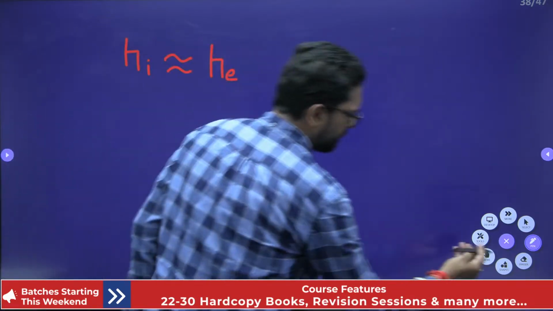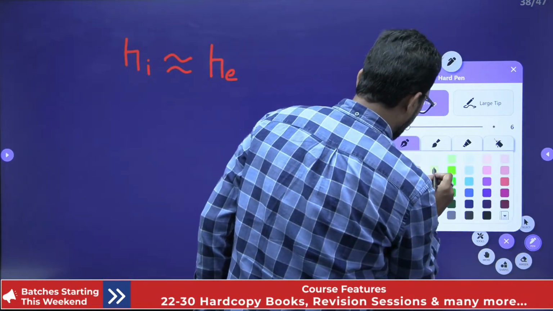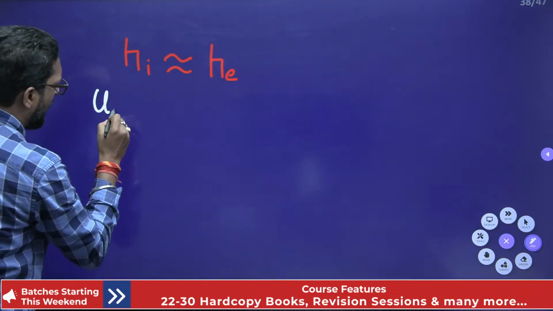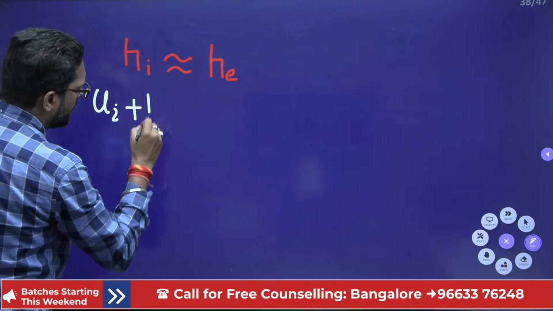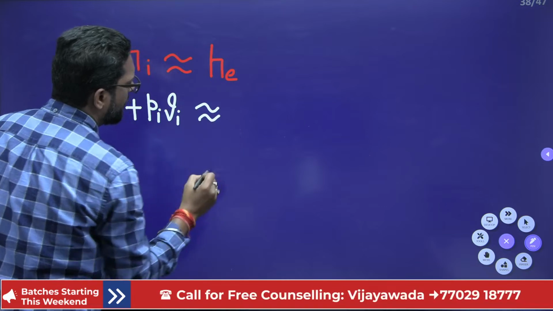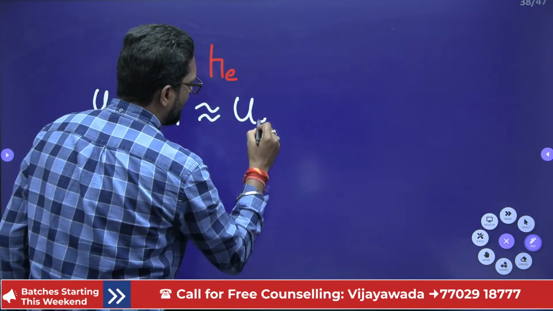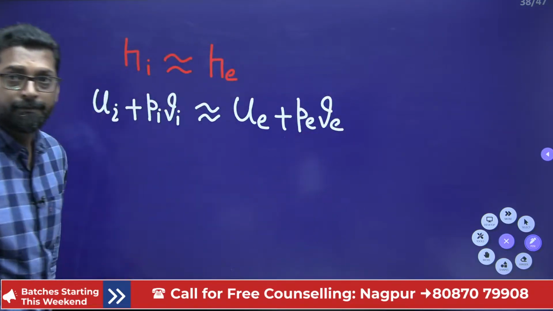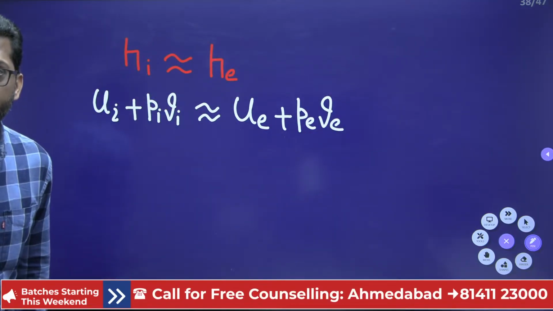Yes or not? Please, anyone? That means U at inlet plus Pi Vi is approximately the same as U at exit plus Pe Ve. Yes or not?